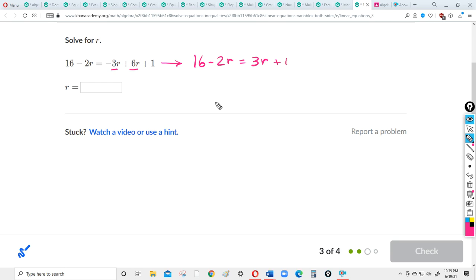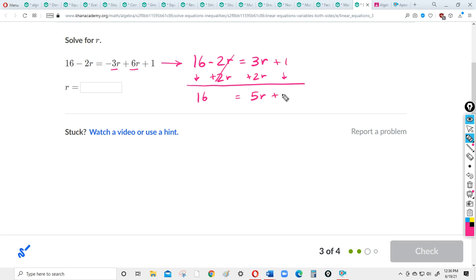So we did our first step, and the second step is to get letters on one side and numbers on the other. Because I have a negative 2r, the opposite of negative 2r is positive 2r. You bring down your 16. Negative 2, positive 2, that cancels. Bring down the equal sign. 3r plus 2r is 5r.